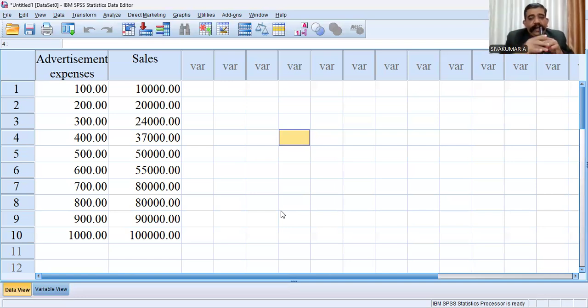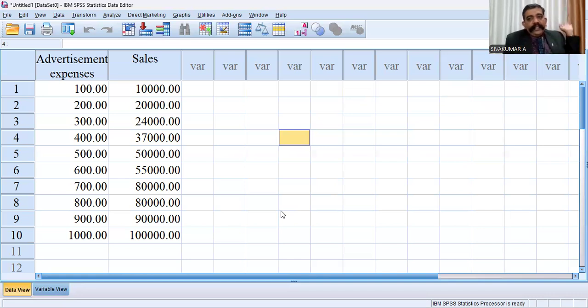Please avoid the word no in the case of the alternate hypothesis. Simple method. There is no statistically significant relationship between the independent variable and the dependent variable. That is the null hypothesis in every parametric test, whatever your test. Alternate hypothesis: there is a statistically significant relationship between the independent variable and the dependent variable.